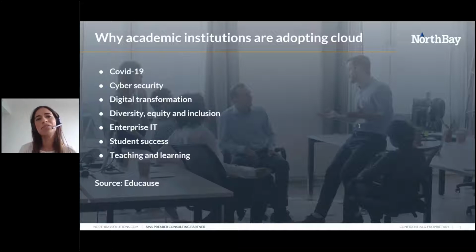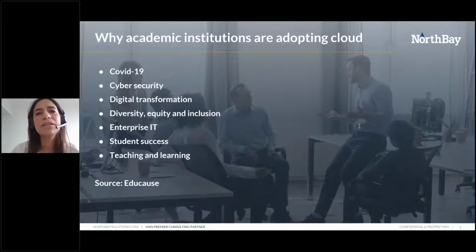Athabasca is one of the world's fastest growing online and open education institutions, serving more than 43,000 students across 87 countries. Last September, Athabasca successfully migrated its entire IT structure to AWS in just 6 months, and is now what we call an all-in institution in AWS.